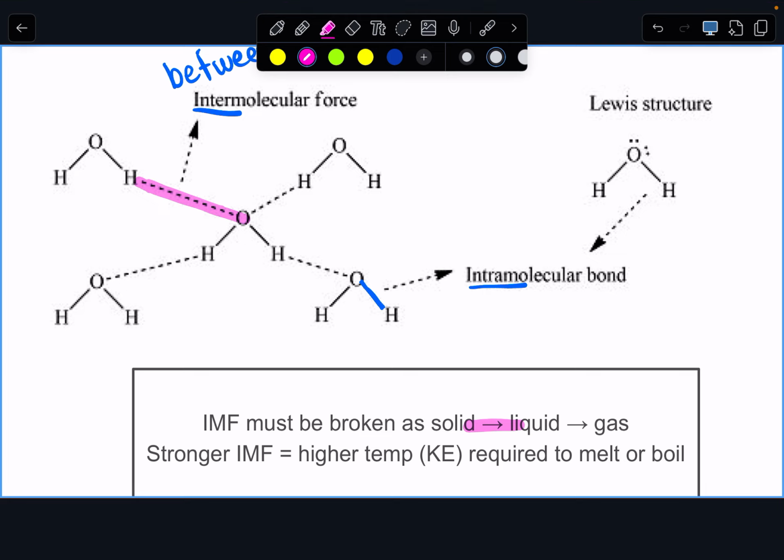So it doesn't allow them to keep a particular shape, but they're still held together in some form. When you talk about a liquid to a gas, there is a clear-cut line of like you are breaking all of those forces between the molecules so that the individual particles can be totally free and separate.